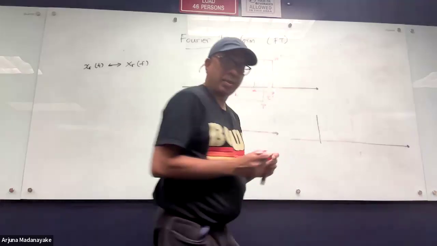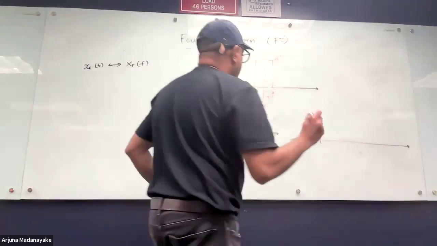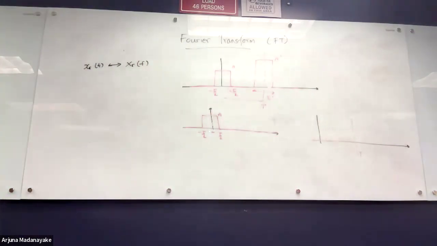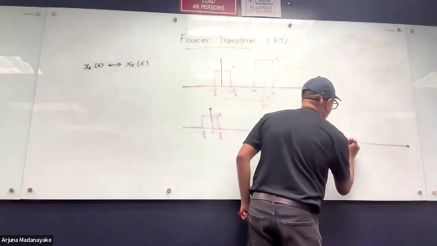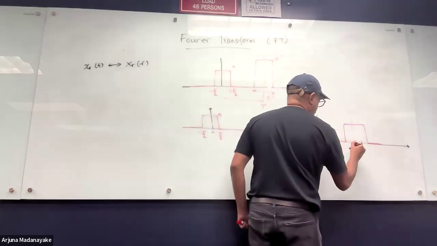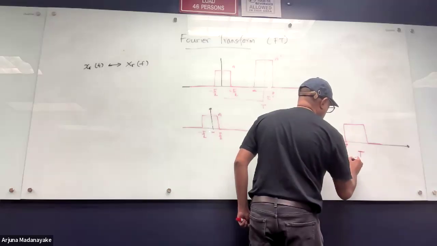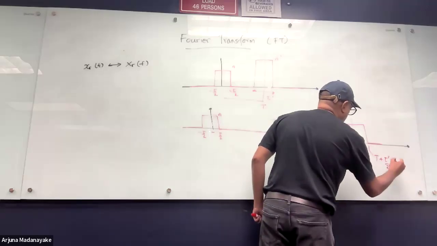So this jumps. Let me use a different color. This is T minus tau prime by 2, and this is T plus tau prime by 2.